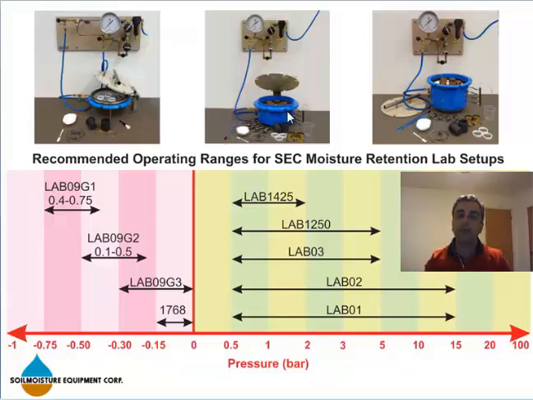rings that are 2¼ inch in diameter and 1 centimeter in height. If you use that sample size, you can place up to 48 samples inside the extractor, which is called, by the way, 1500, and I'm going to go over this in more detail.